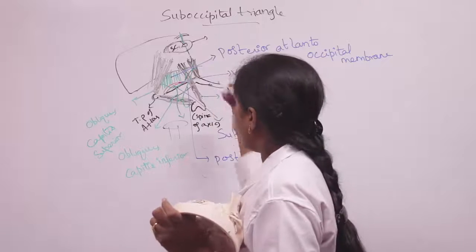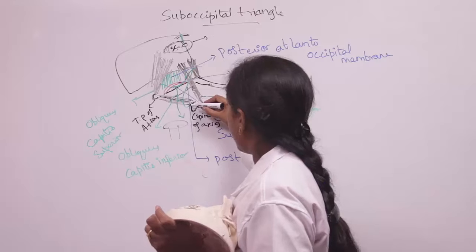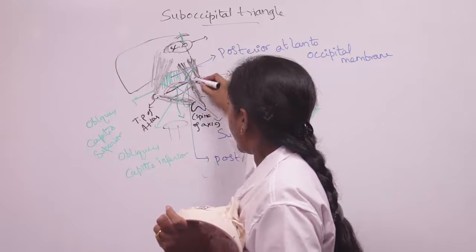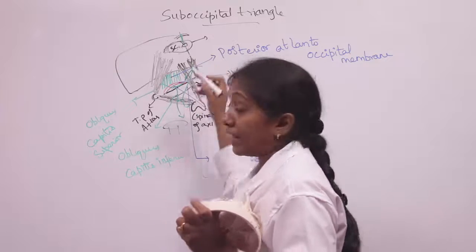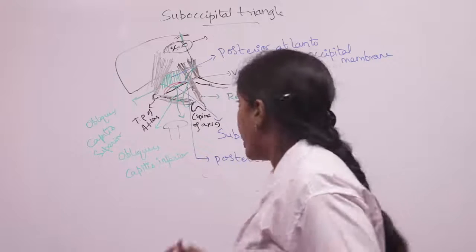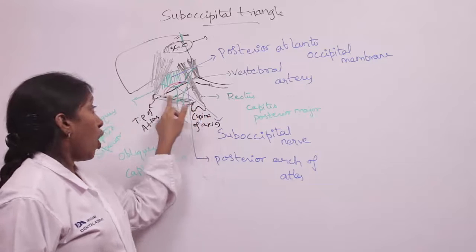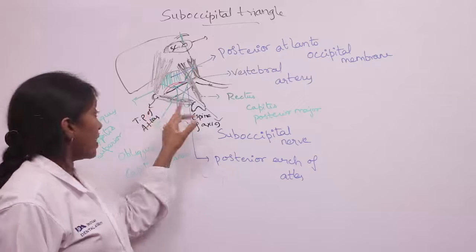Coming to the roof, the inferomedial part of the roof consists of the greater occipital nerve, which winds round the lower border of the obliquus capitis inferior.